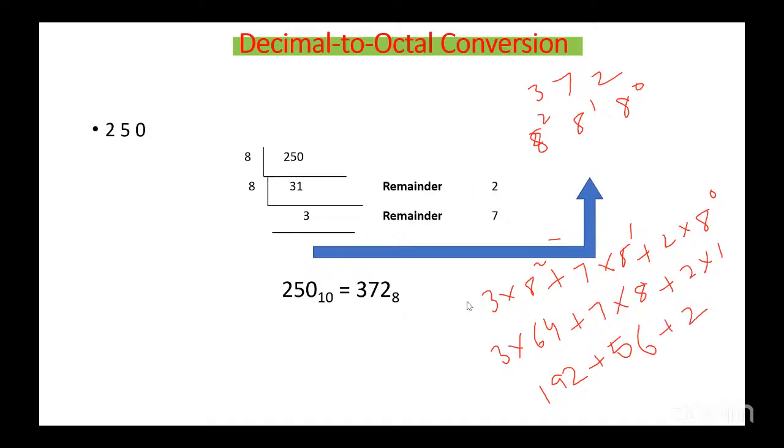Add it, you get 250. Got it? This is a decimal number. So if you want to cross check the values, whether the answer is correct or not, you can check it like this. Okay.